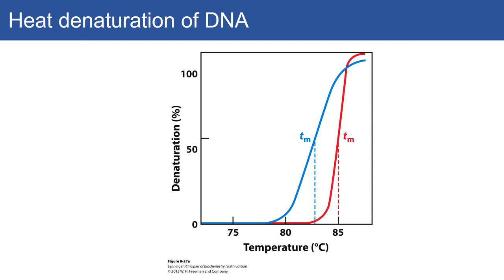DNA is denatured with heat, and there's a melting temperature called the Tm where half the sample has denatured. This is a very simple calculation. There are numerous programs and formulas online you can use to characterize the melting temperature of DNA.